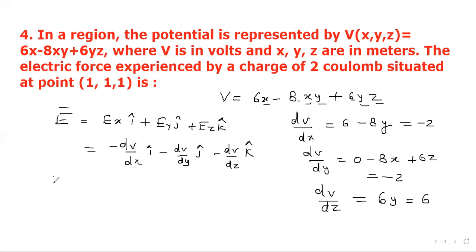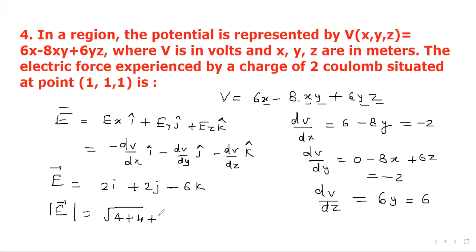Now we can get the electric field by putting in the values. Minus dB upon dx is minus 2, so 2i plus 2j minus 6k. Now the modulus of the electric field will be equal to the square root of 4 plus 4 plus 36, which is root 44.